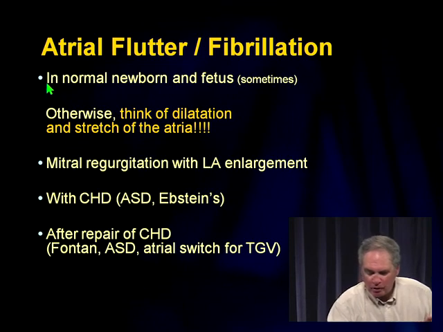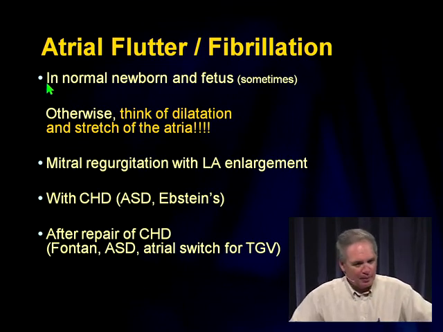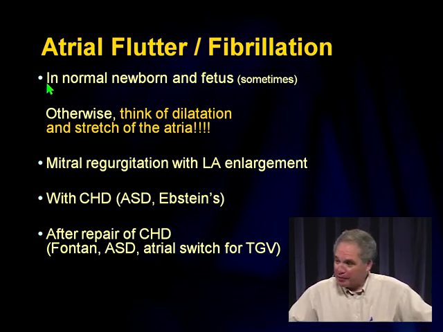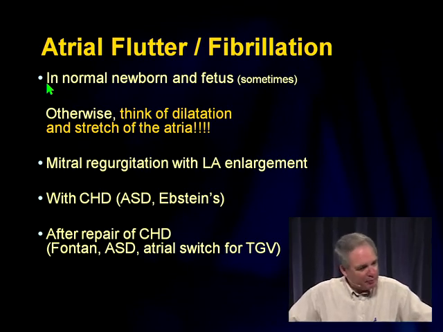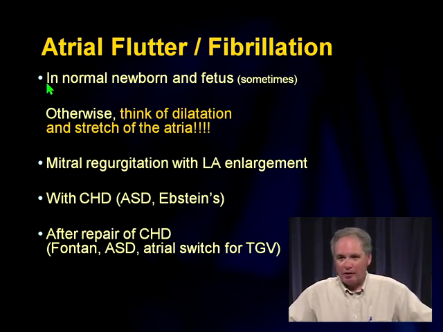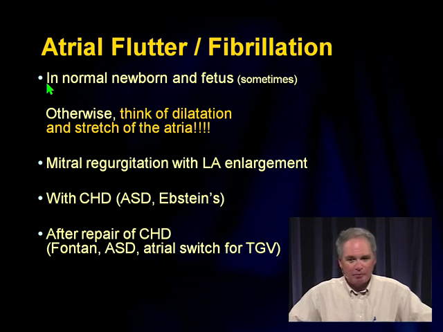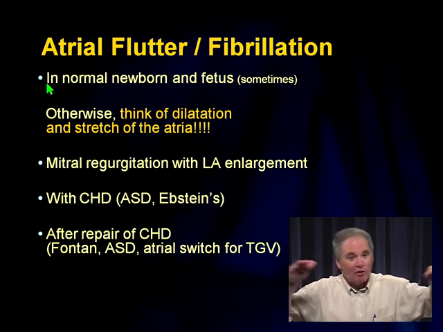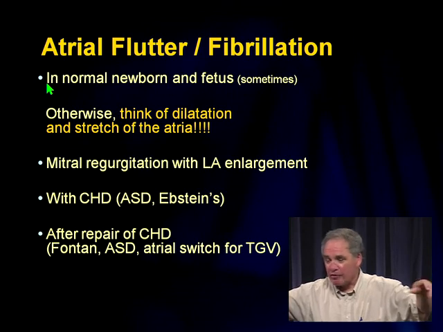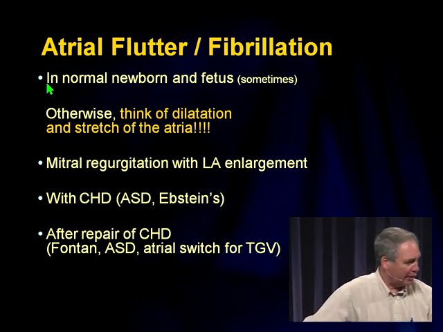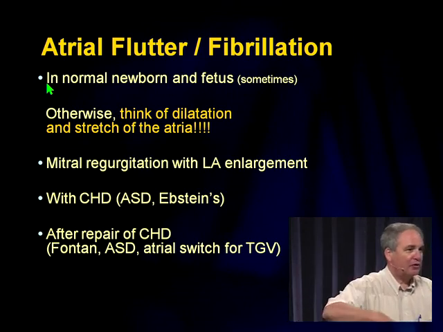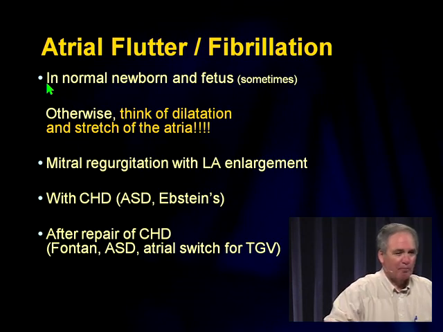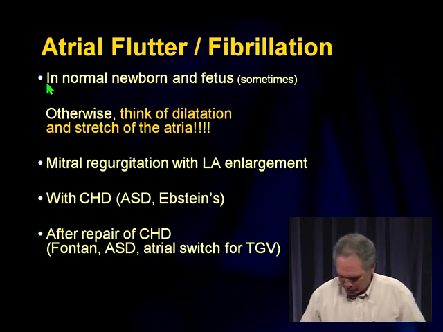Those of you who are neonatologists are familiar with this. In the normal fetus and the normal newborn, sometimes their little atria are just so jazzed up that they throw themselves into atrial flutter. All you got to do is get them out of it once. They're cured. Very benign. Okay? So other than that clinical scenario, the normal fetus or the normal newborn in atrial flutter, think of underlying stretch, dilatation, something wrong with the atrium and with the heart.